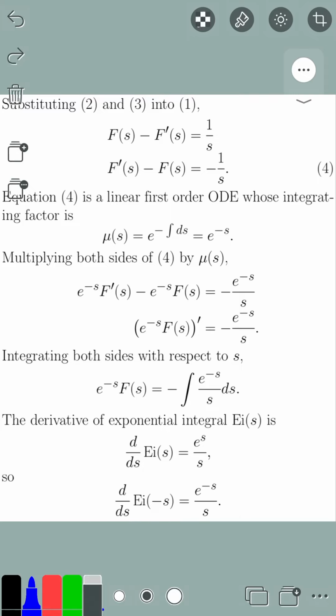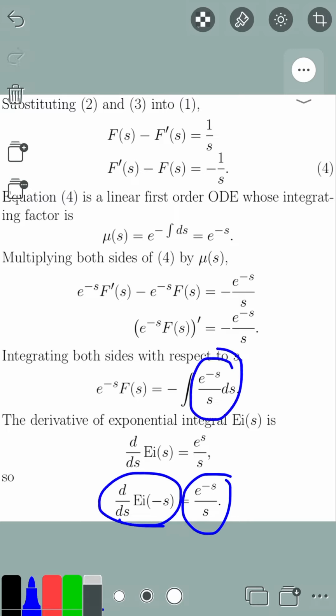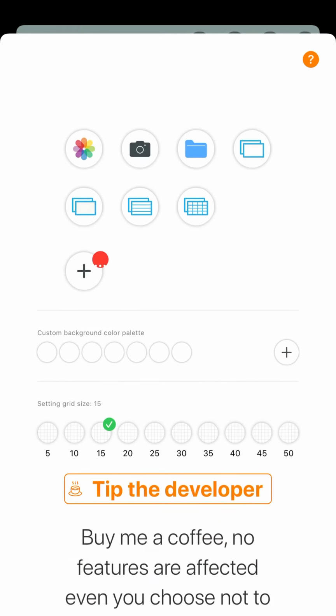So what can this tell us? The derivative of Ei of negative s is this, so the integral of this is simply Ei of negative s. Alright, I'm going to go to the next slide.